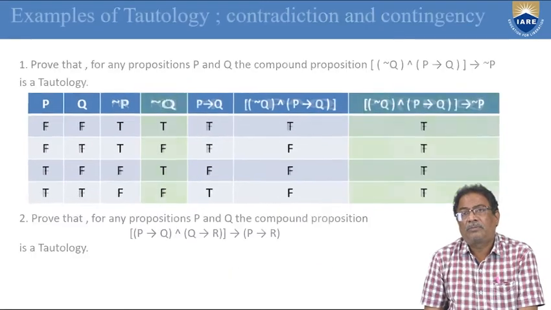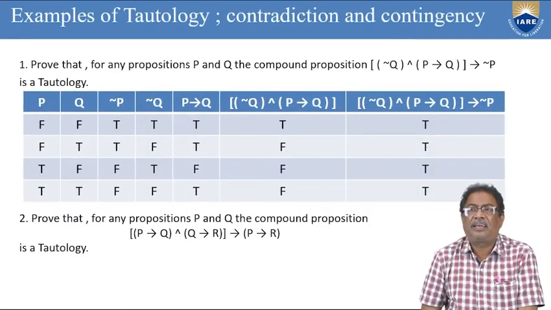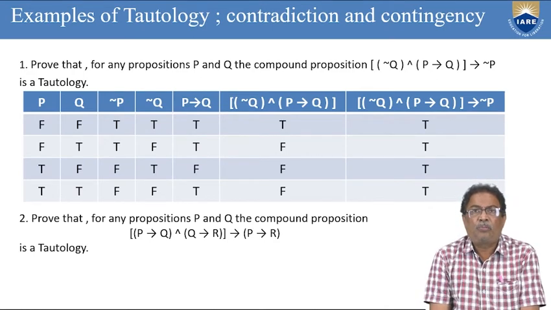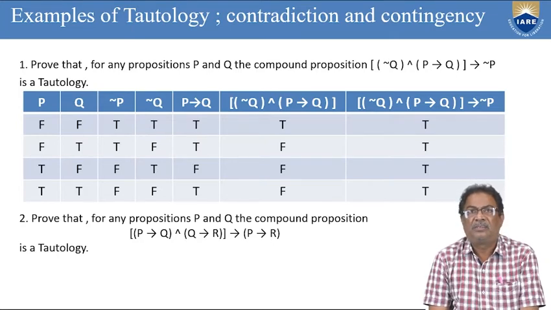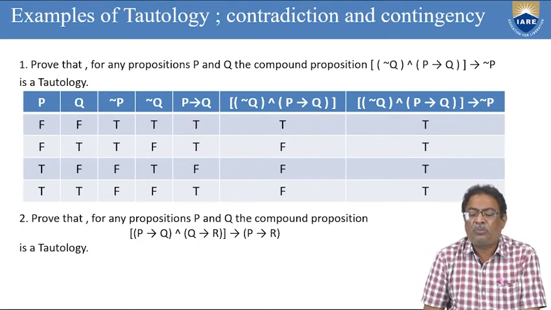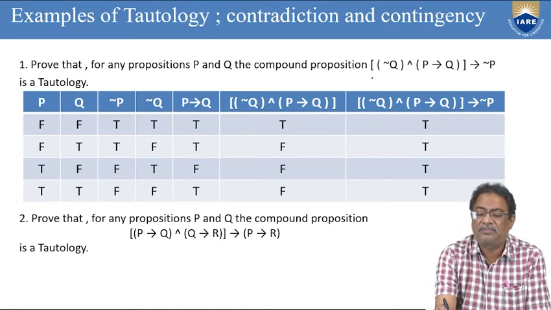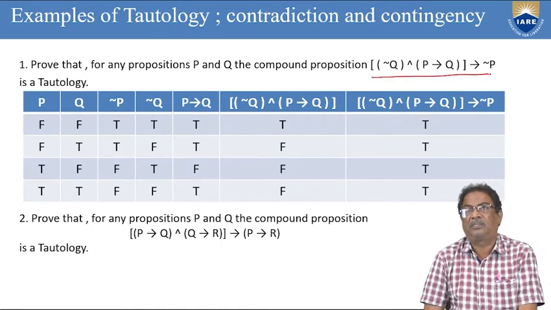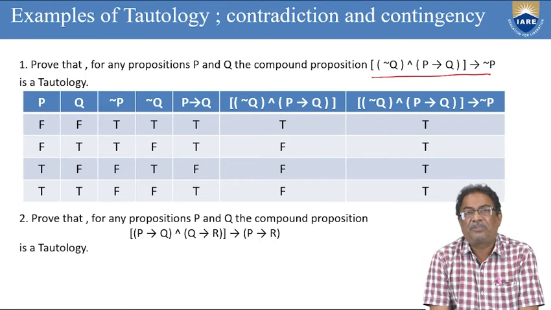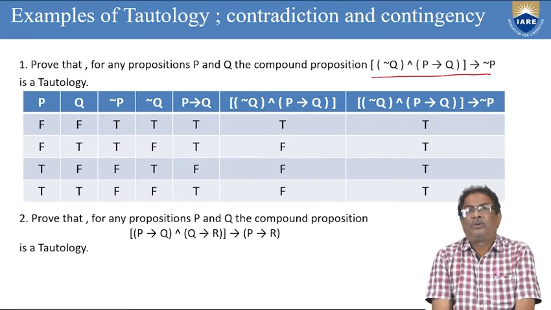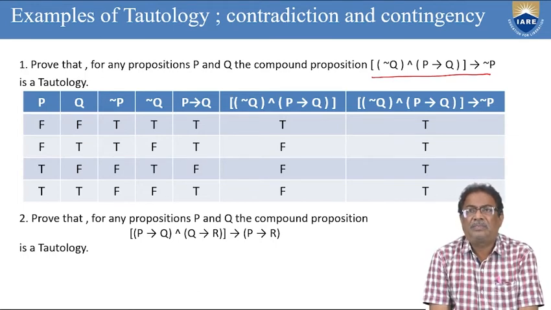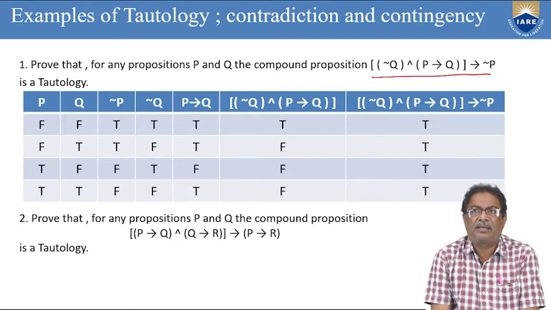So now let us concentrate on another one. Prove that for any propositions P and Q, the compound proposition is a tautology. Once again, we are going to prove this. For that, the same consideration.